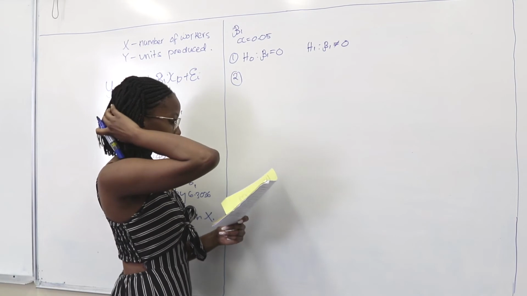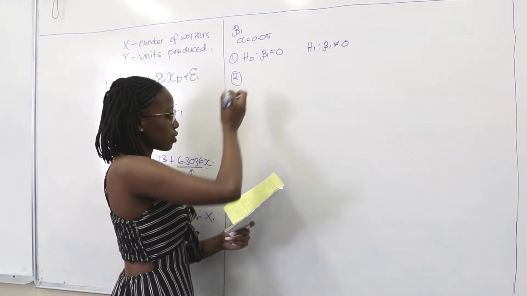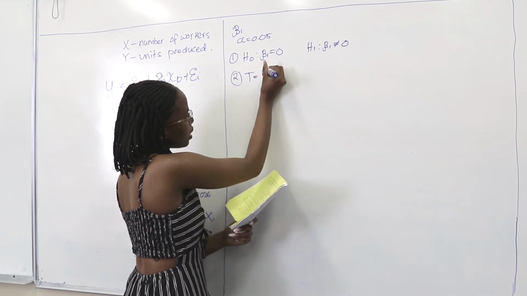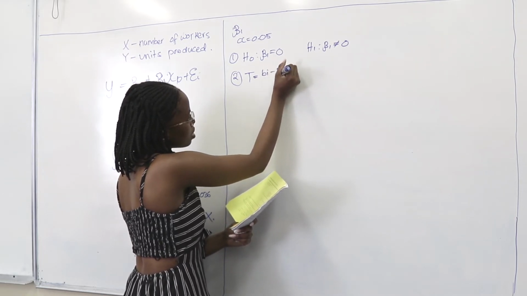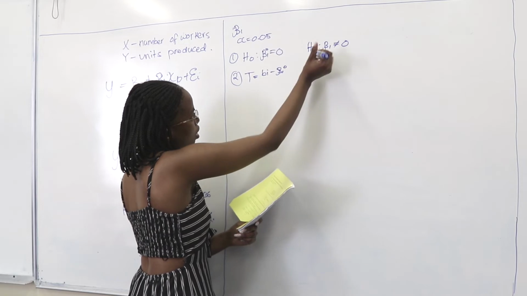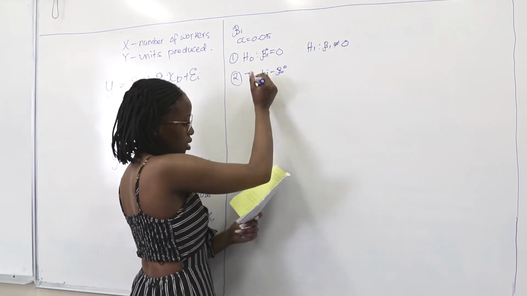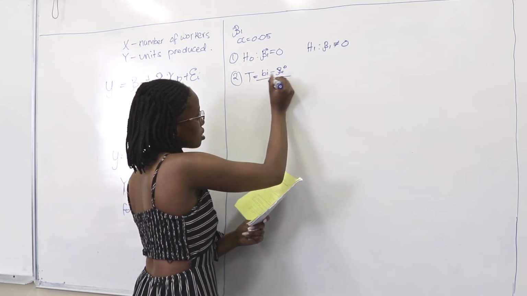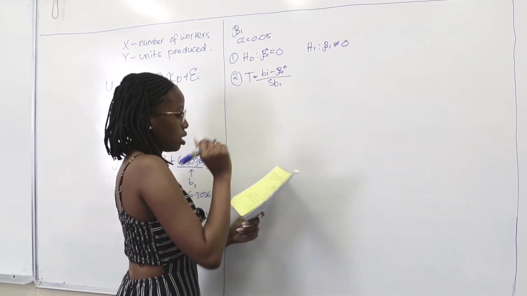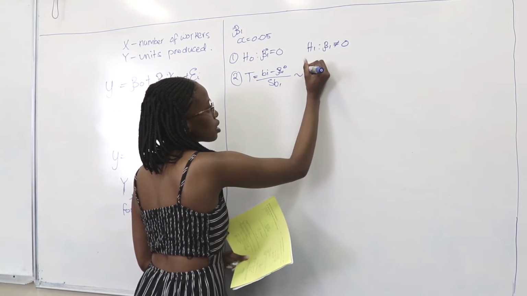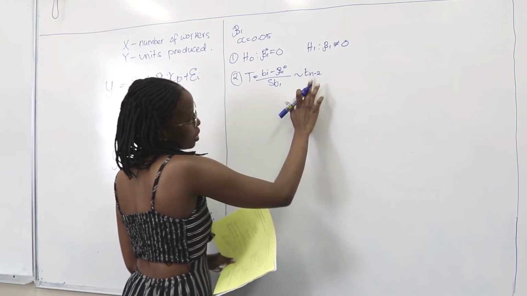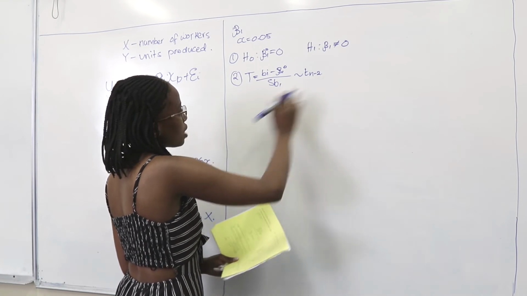So our test statistic is going to be t is equal to b1 minus beta 1 over SB1. And when we're doing regression analysis, it's always distributed with degrees of freedom that are n minus 2.